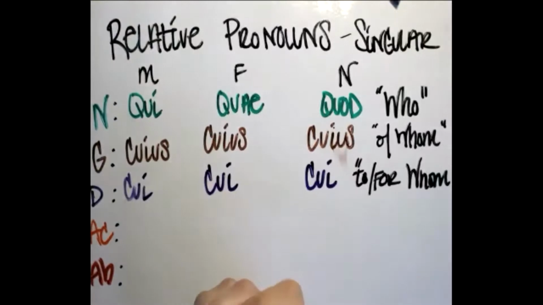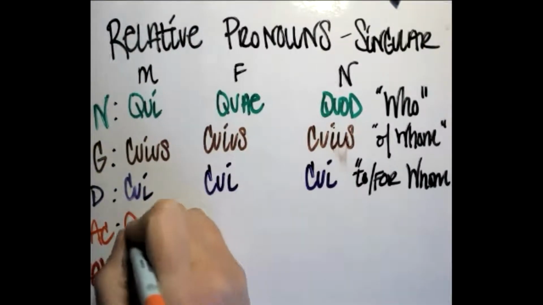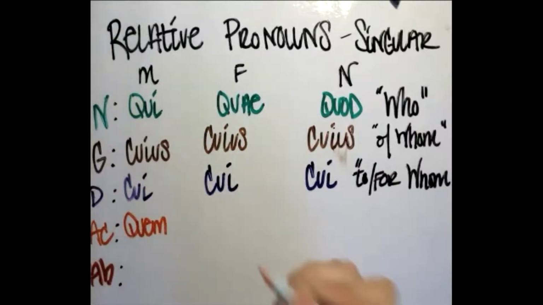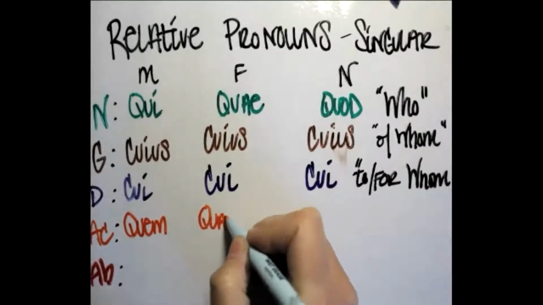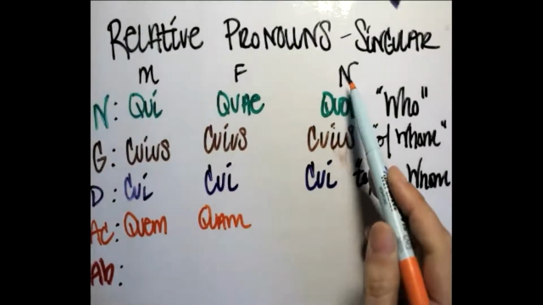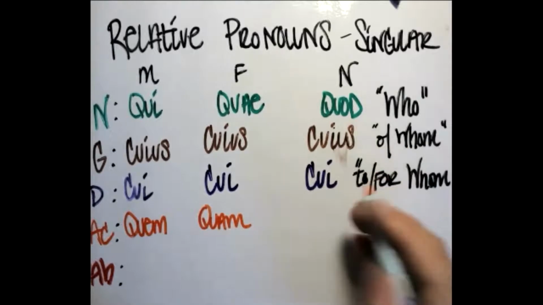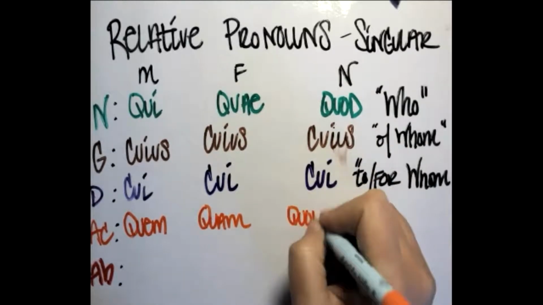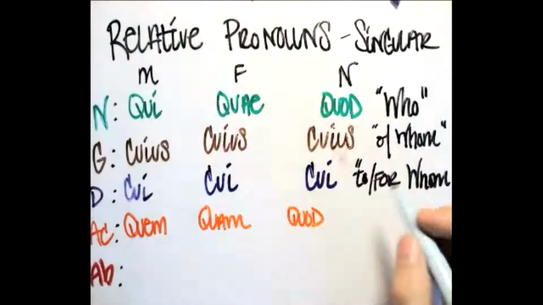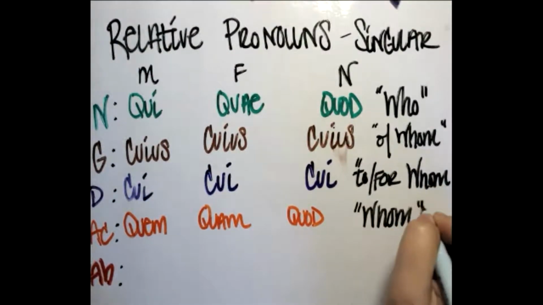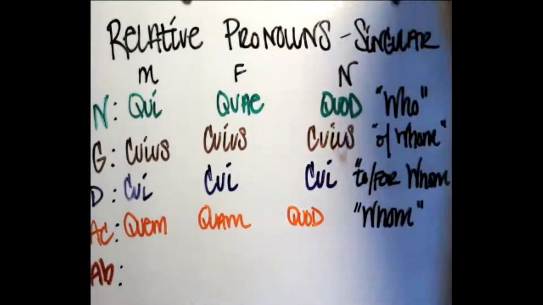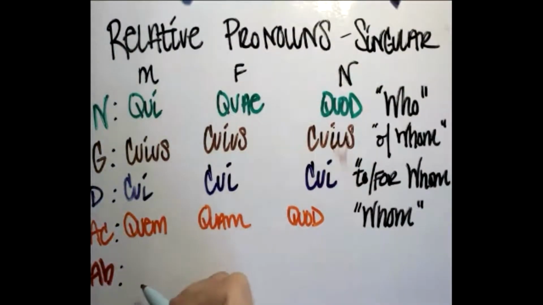In the accusative, this is going to look a little bit more like third declension. So masculine will be quem. Feminine will look a little bit more like first declension with quam. And then neuter is going to repeat its nominative form, quod. And this is whom. And then in the ablative, all three are going to look more like first, second declension.